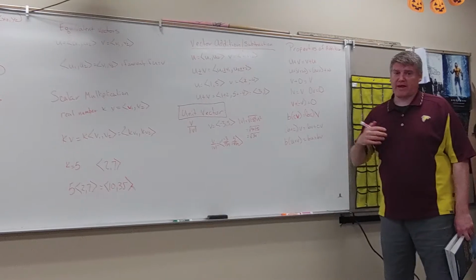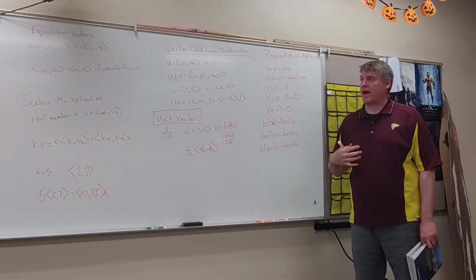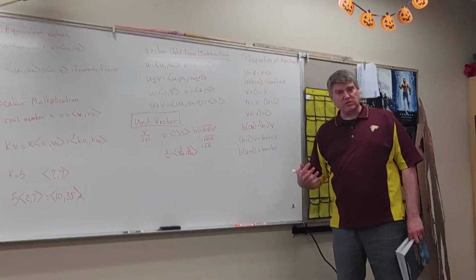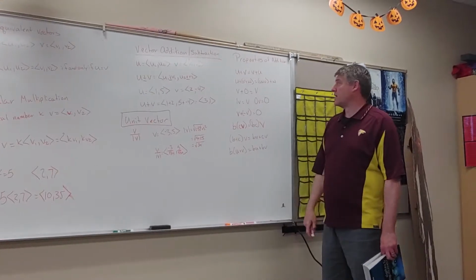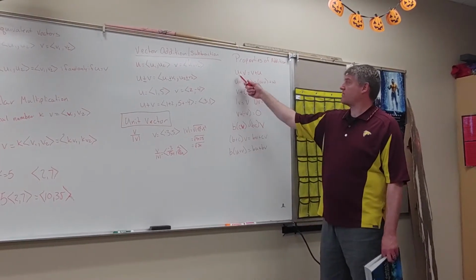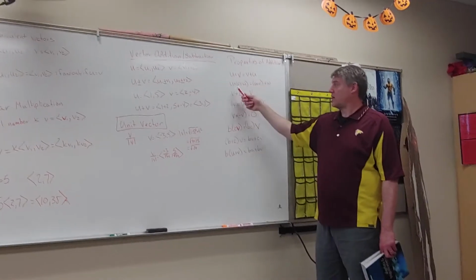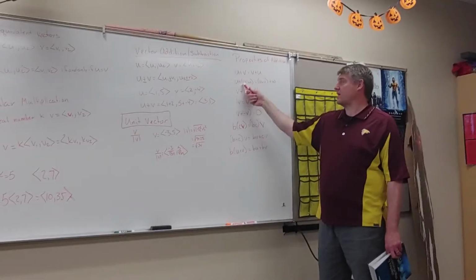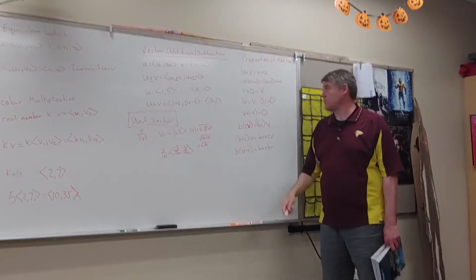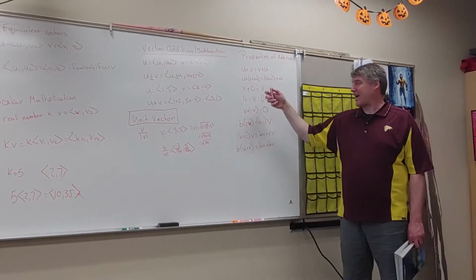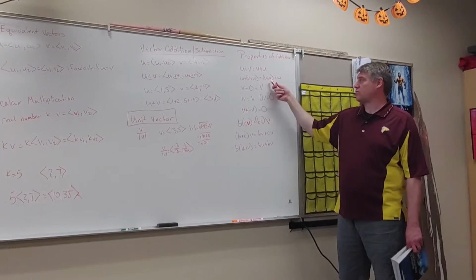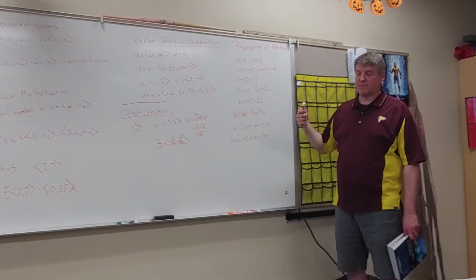Properties of addition and subtraction. So all the properties that you had with numbers basically hold true in a vector. So if I have vector u plus vector v, that's the same as vector v plus vector u. If I have vector u plus the quantity of vector v plus vector w, I can rearrange that and have it be the quantity of u plus v plus w.